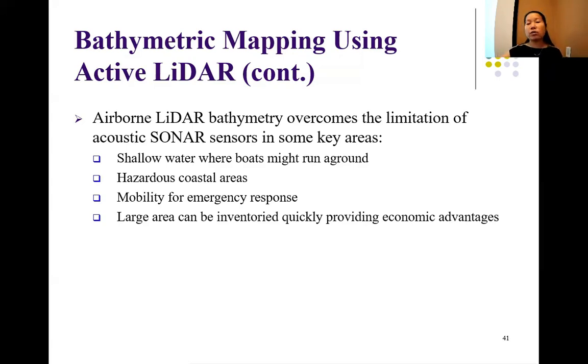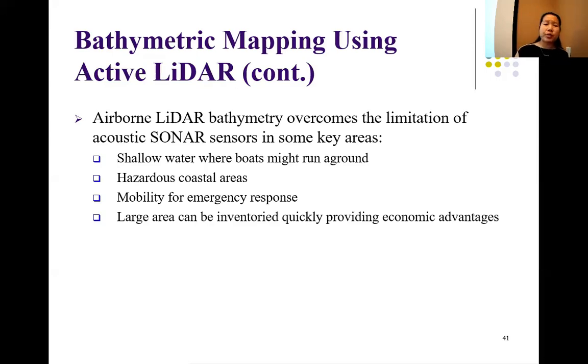And then they can also be applied to hazardous coastal areas because it's an active sensor, so it's not dependent on the weather or sunlight condition. It also has excellent mobility for emergency response, because a lot of times when an emergency happens, the weather condition may not be ideal, and any satellite could possibly be blocked by heavy clouds.